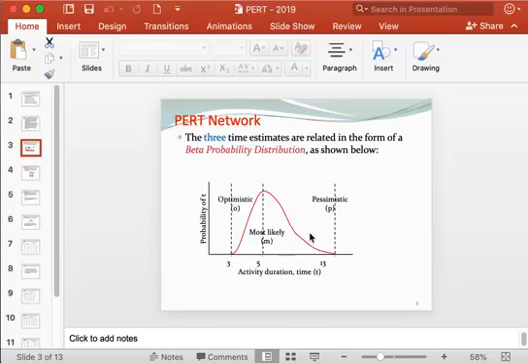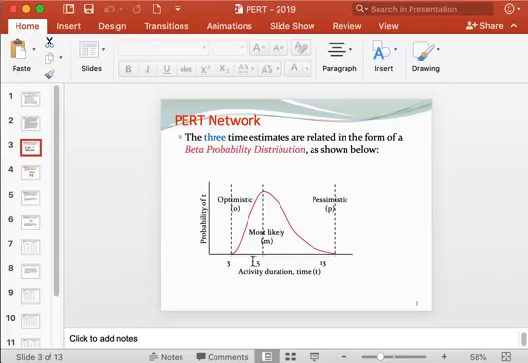Here, for example, optimistic time estimate 3, pessimistic time estimate 13, and most likely time estimate 5.